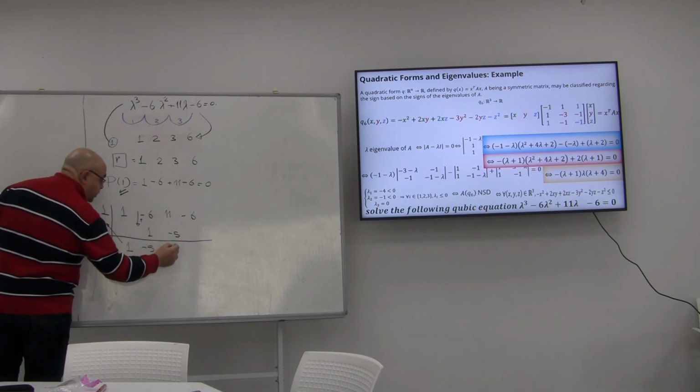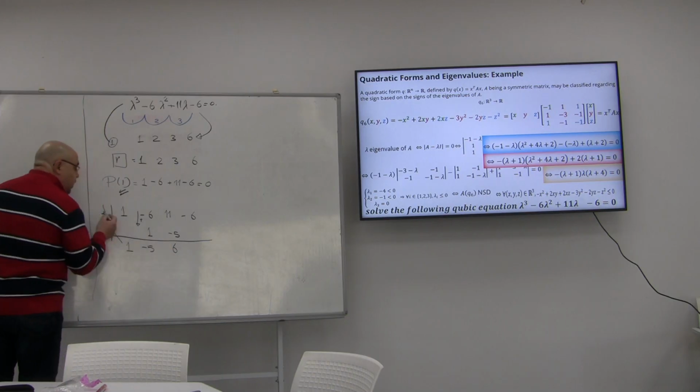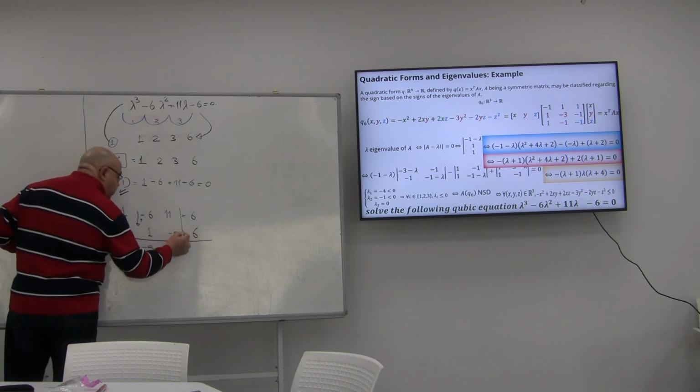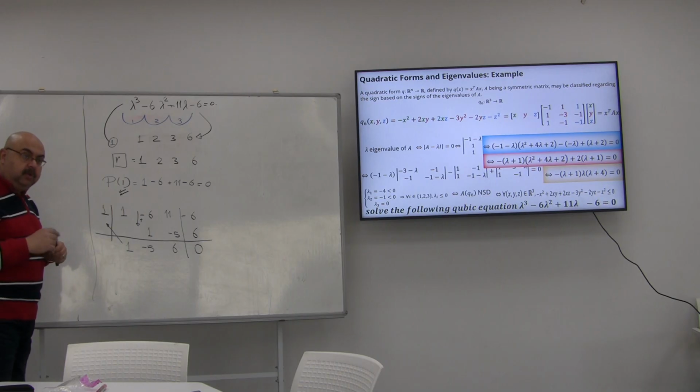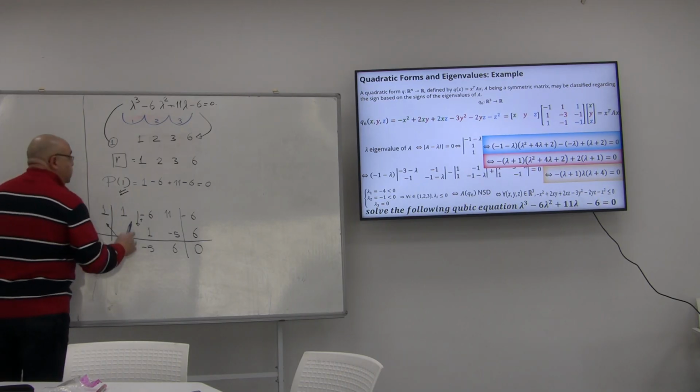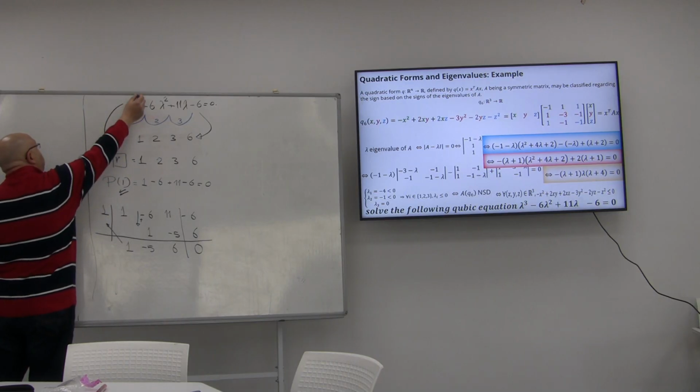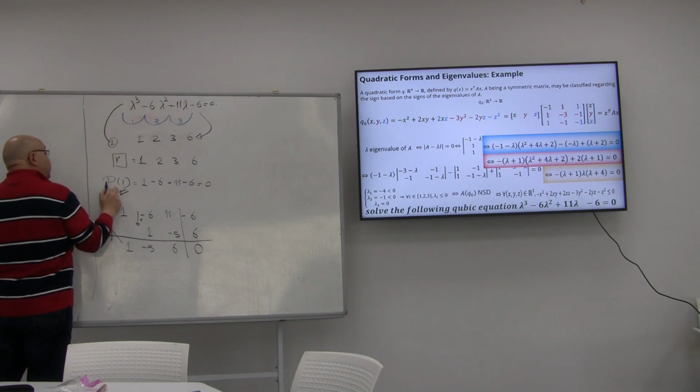Then do the addition, it's going to be +6. 6 times 1 is going to be 6. The last sum is equal to 0. Now start to write this polynomial, which is going to be less than the given one by 1 degree. Start, this is q to the power of 3. You find one of its roots.